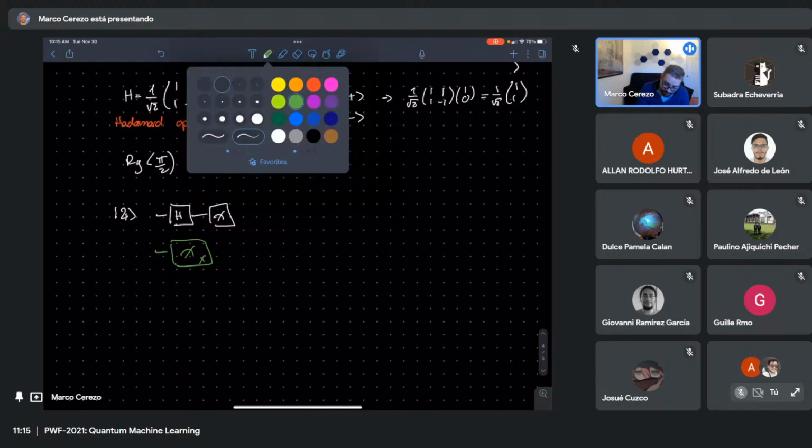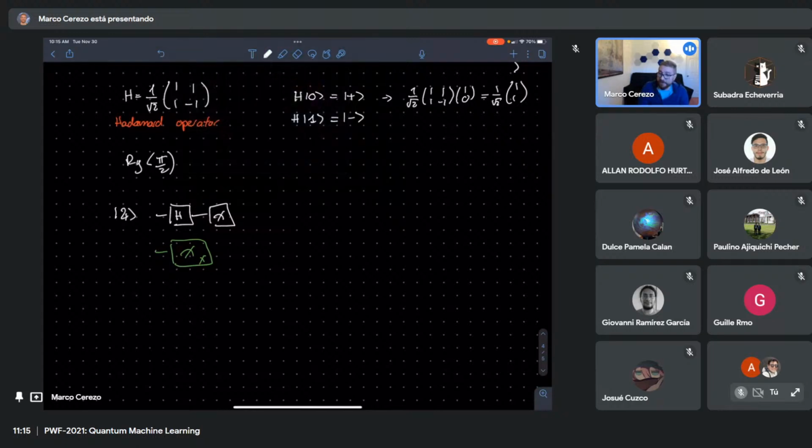Or we can think about it as: I take my state, I rotate it, and then again I measure in the computational basis of Z. Whichever interpretation you prefer is going to be fine with me. But the important thing is to take into account that via changes of bases, we're going to be able to do this, and we can write the circuit for this.